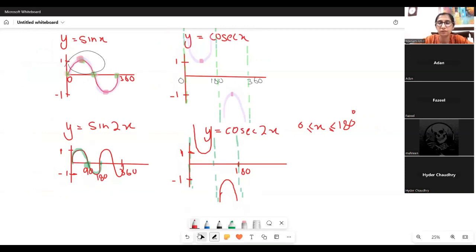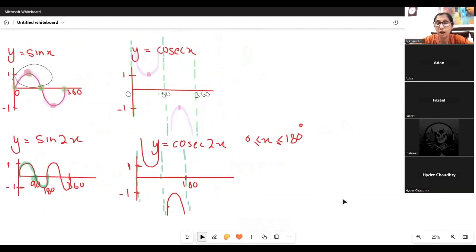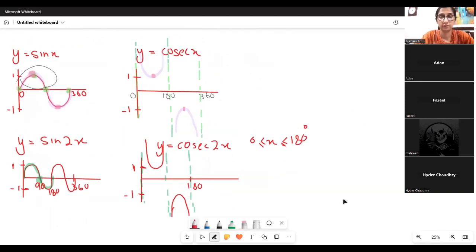Let's now discuss the graph for sine half x. So in sine half x, only half of the cycle is completed between 0 and 360 degrees. The 0 here, 360 degrees here.